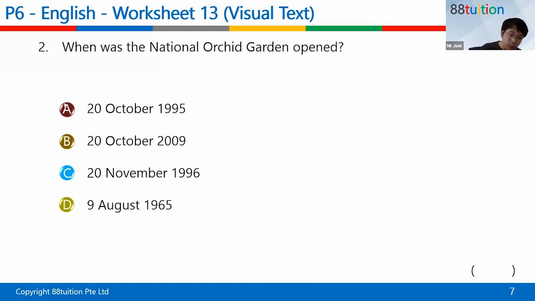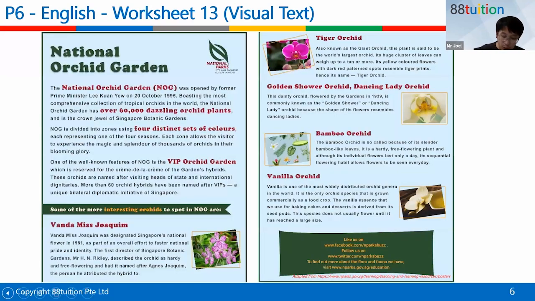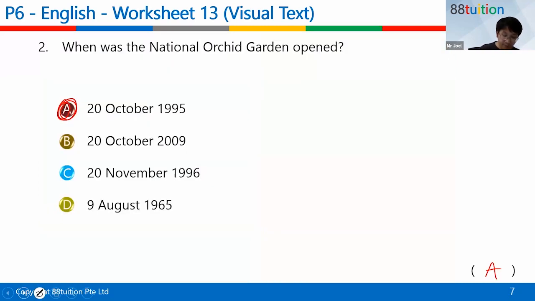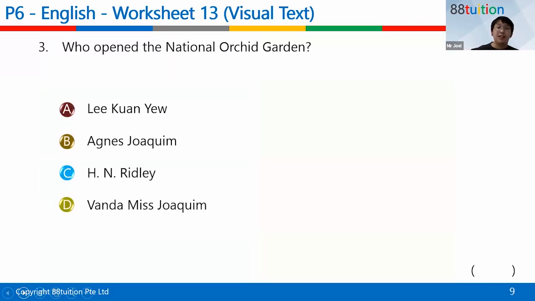It was opened on 20th October 1995. The answer is A over here. Where can we find this? We can find it over here. 20th October 1995. It was opened by our dearly departed Prime Minister Lee Kuan Yew on that particular date. Okay. Next, number 3. All right, Jairus only.